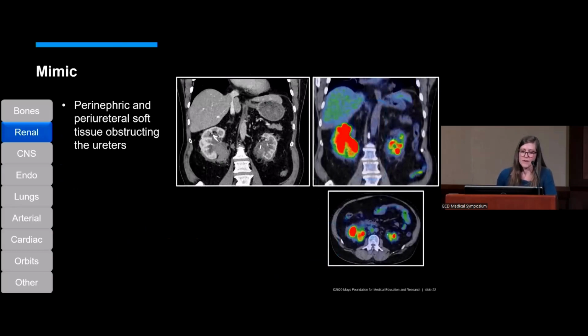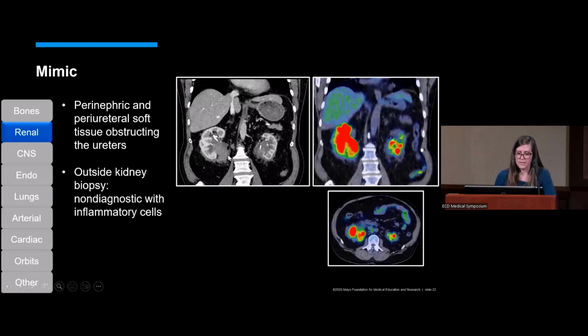This patient had perinephric and periureteral soft tissue stranding that you can see on this contrast enhanced coronal CT image. There's a pretty prominent soft tissue mass in the proximal ureter that's obstructing it, as you can see with a ureteral stent in place bilaterally.